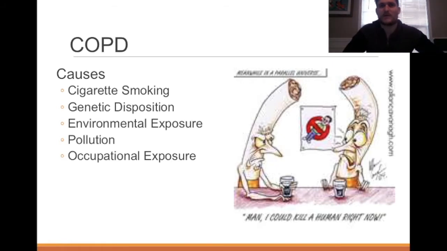So, try to get people to stop smoking, or at minimum cut down on the number of cigarettes they smoke, because this is the number one factor for COPD, and it can lead to major complications as you get older, as we will see.